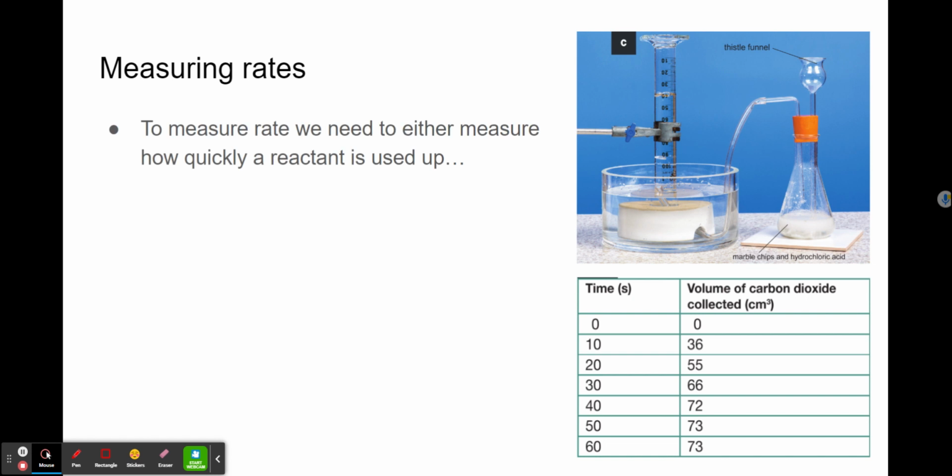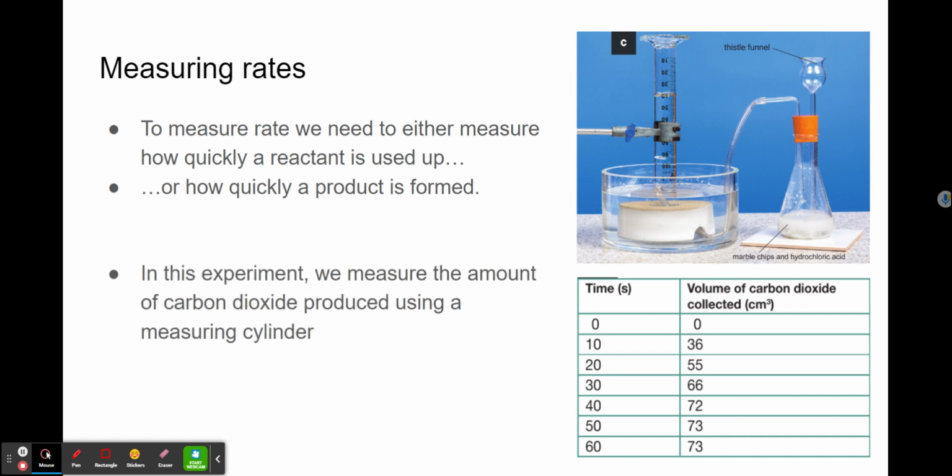So what are we doing there? We've got to look at how fast a reactant is being used up. That could have been the mass of the marble chips or the concentration of the acid, or how quickly a product is being formed. In this case, we've chosen to measure how quickly carbon dioxide is formed using the volume in the measuring cylinder.